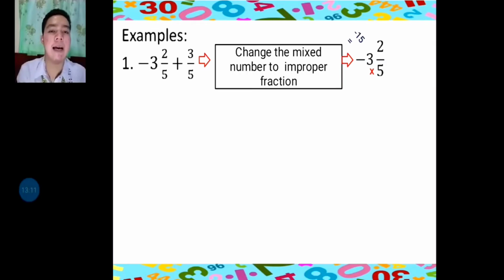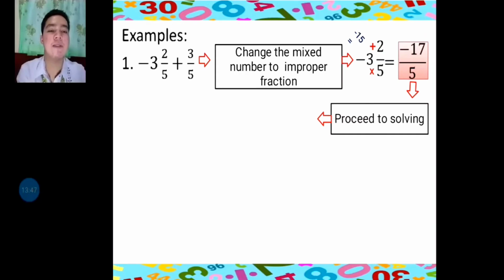Then add the numerator, negative 15 minus 2 will result in negative 17 over the same denominator as the given, 5. So negative 17 over 5. After changing the mixed number to an improper fraction, proceed to solving the fraction. So negative 17 over 5 will be equal to this given, plus 3 over 5.